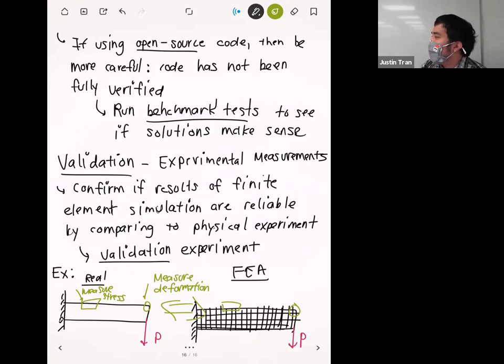Until the validation is actually performed, some people think it's useless, and I kind of agree. If your FEA simulation is getting something totally different from reality, how can you say that you're going to use it to design a bridge or a building? If you're not even estimating the deformations correctly, that's not a good thing.